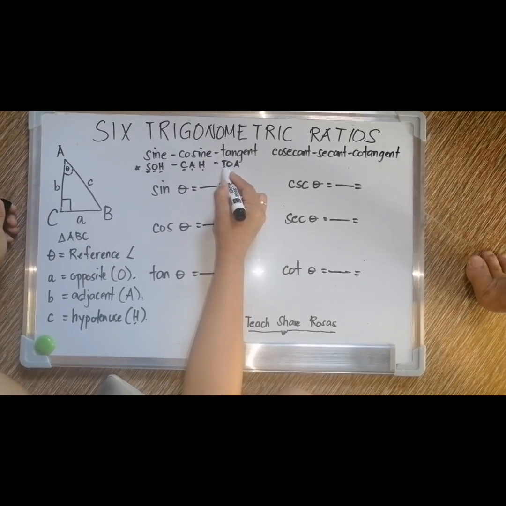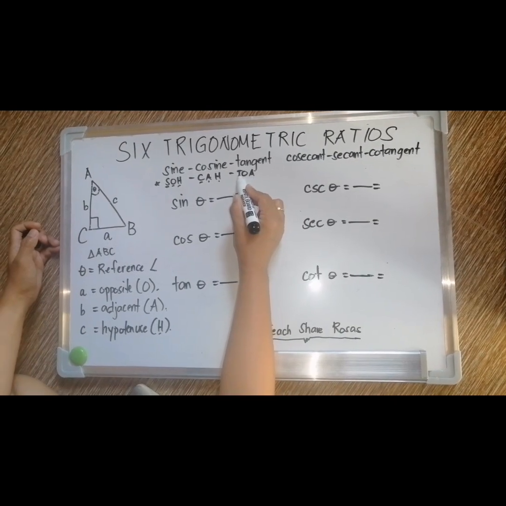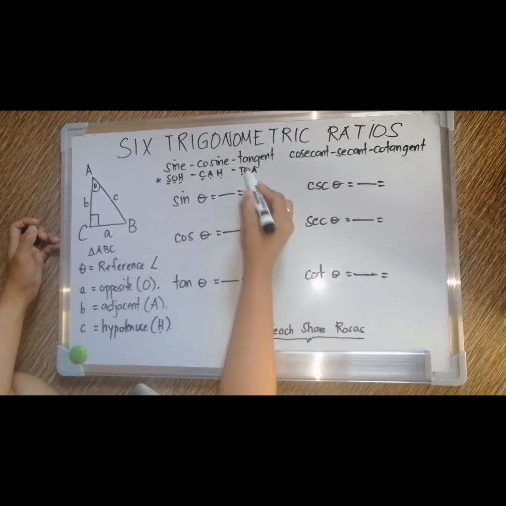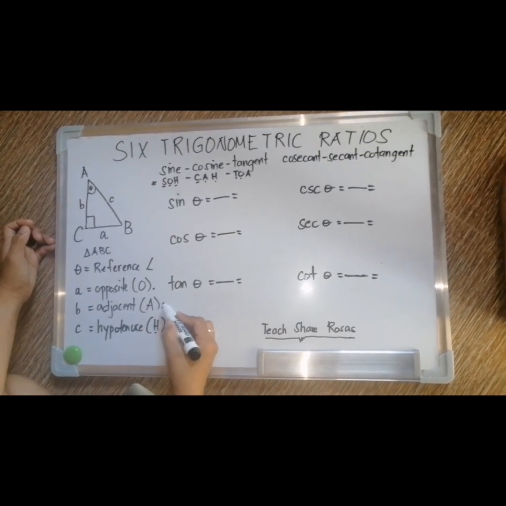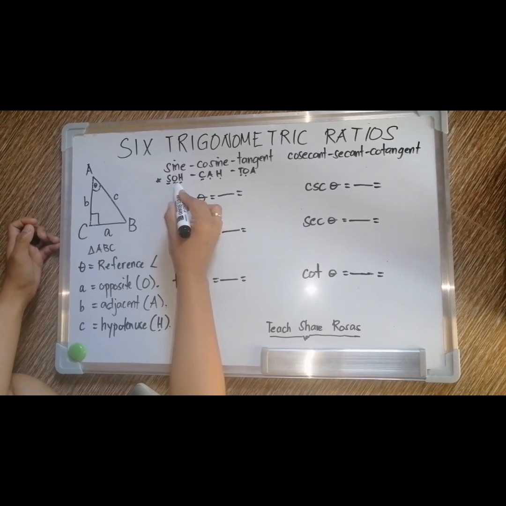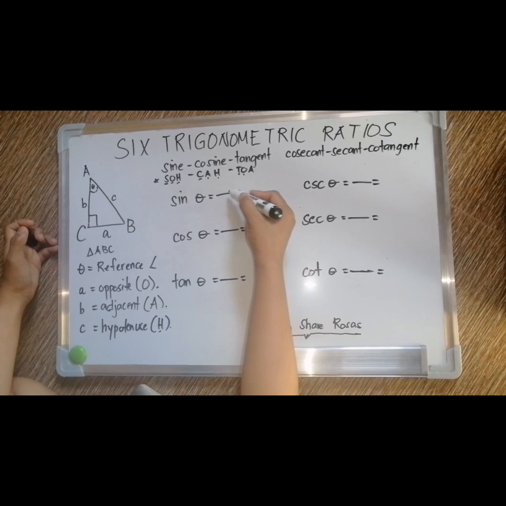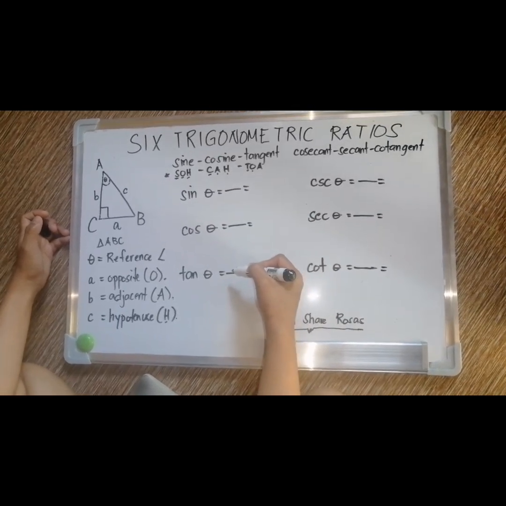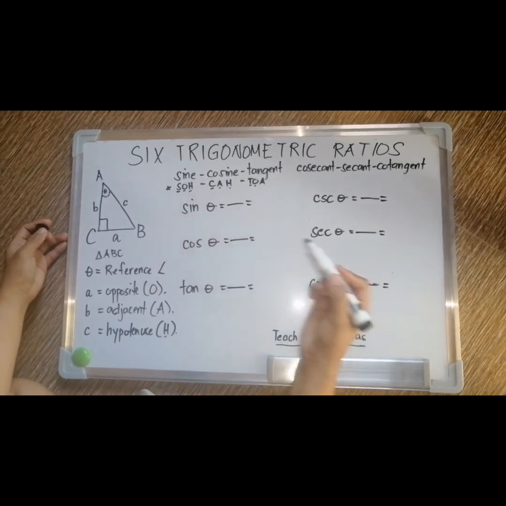Tangent, TOA here is T for tangent, O for opposite, and A for adjacent. So, remember this mnemonic, SOH-CAH-TOA, so that you will know how to identify the 3 primary ratios and the other 3 reciprocal ratios.